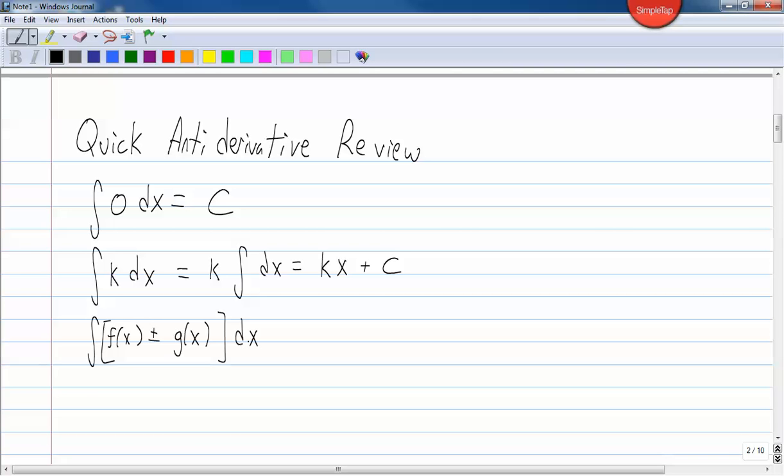With respect to x, you simply integrate each function separately. So that's the integral of f of x plus or minus the integral of g of x, both with respect to x. Make sure you put the dx on here. The dx is our differential, and that tells us what we're going to integrate with respect to.